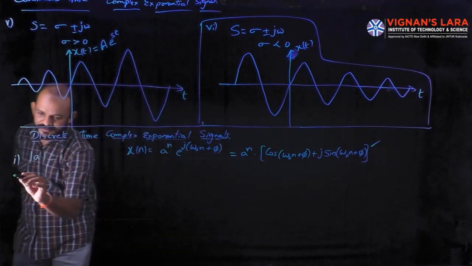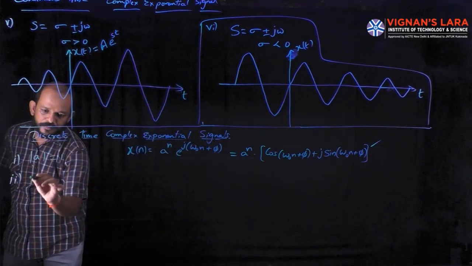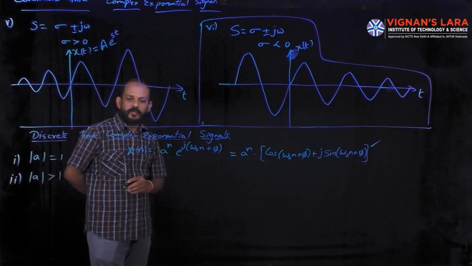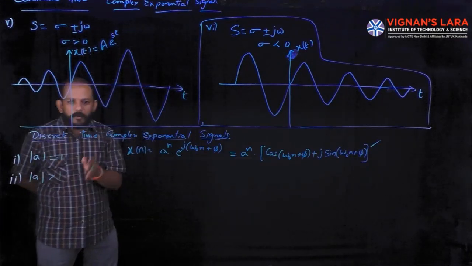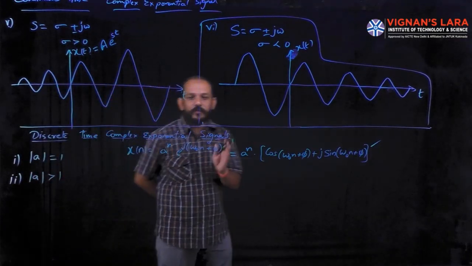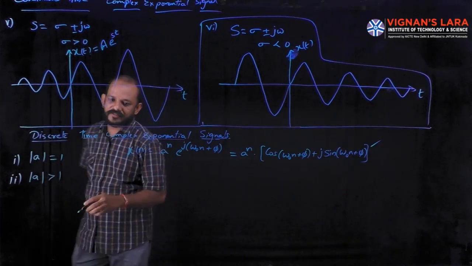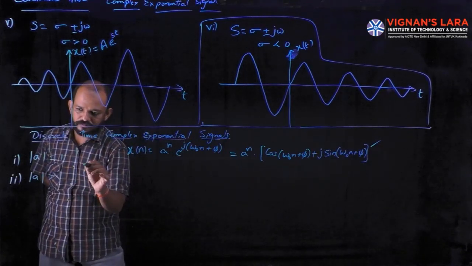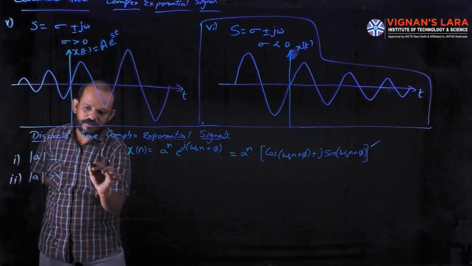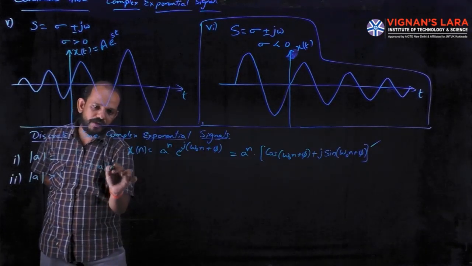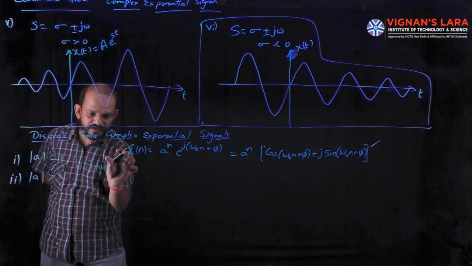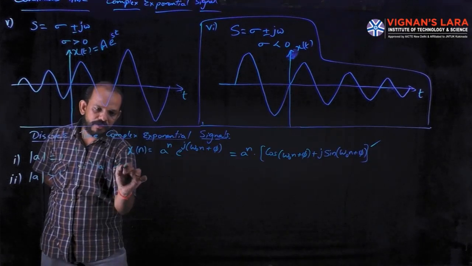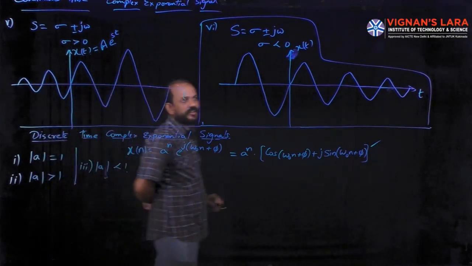The second case is mod a greater than 1. And the third case is mod a less than 1. So these are the three cases.